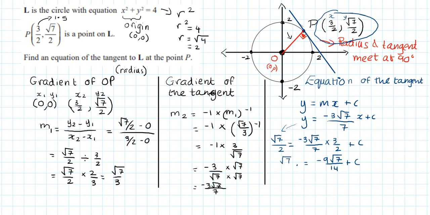This root 7 over 2, I'm going to multiply top and bottom by 7 so that the denominators are the same.